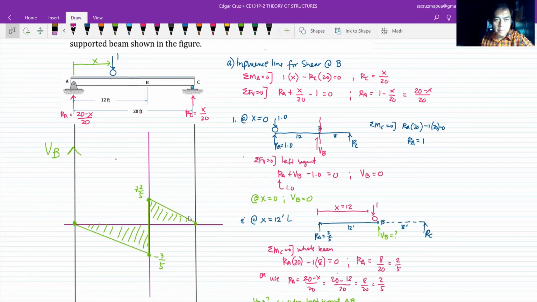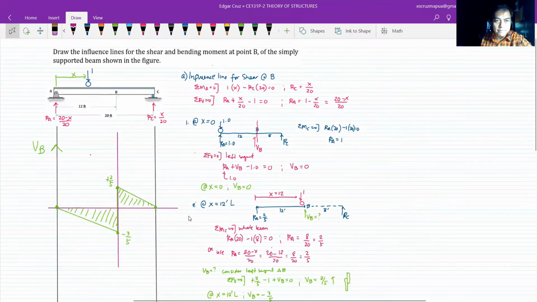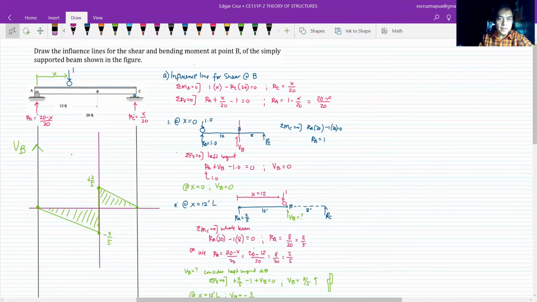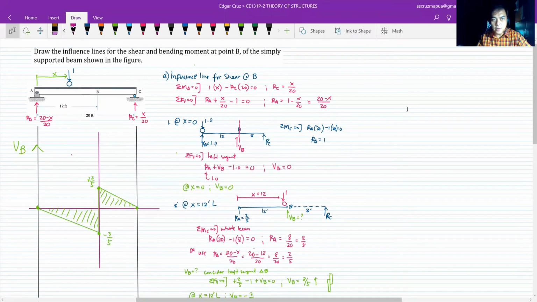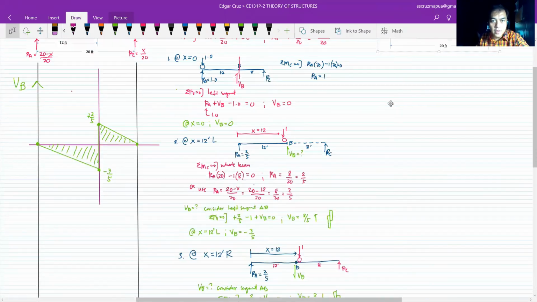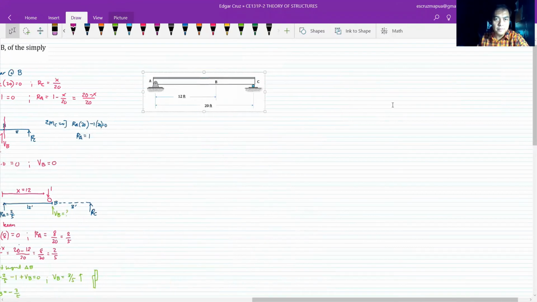Okay, next example. How about the bending moment? Okay, how about the bending moment? So, let me copy this one. Somewhere here. Okay. So, okay na yung solution natin, no? So, let us move in here.